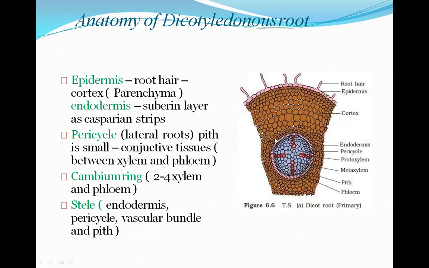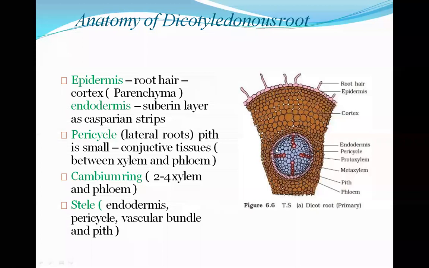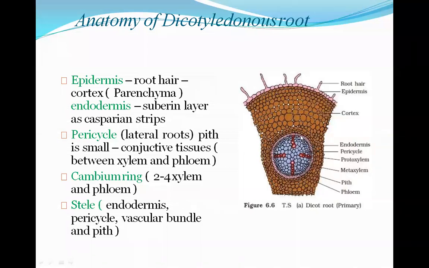And this layer is present in the form of Casparian strips. You can see the strip-like structures over here, and for this reason this is known as the endodermis layer, right? You can see the vertical strips are present. For this reason it is known as the endodermis layer or the Casparian strips.